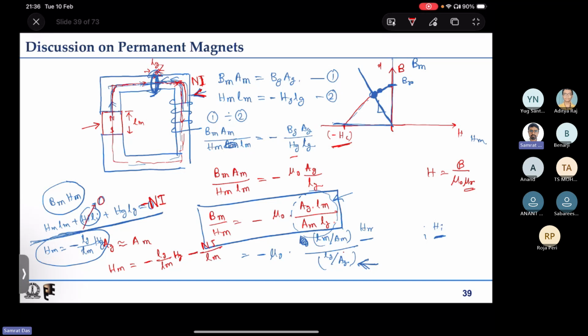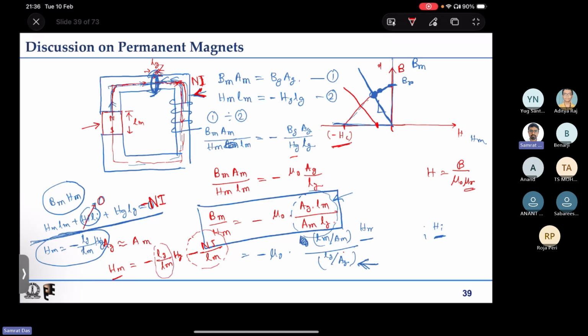So if we plot Hm, there is some negative shift here. That means our line, earlier I simply drew that line. In this case there will be an inherent negative DC shift because of the current, which will demagnetize it up to a certain value. Beyond that, the slope is decided by Lg by Lm.